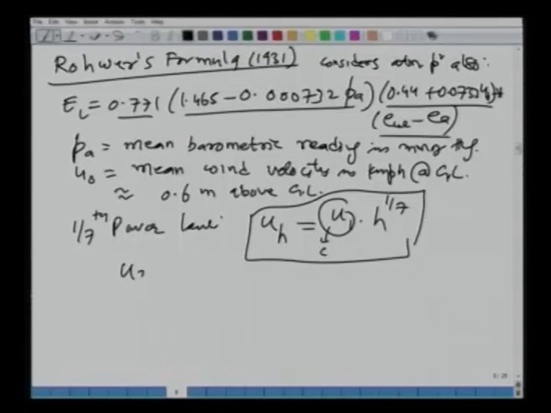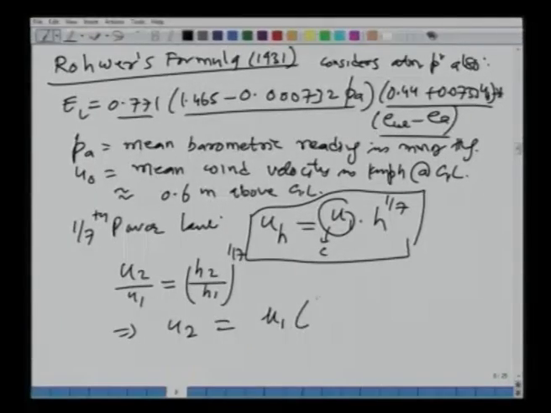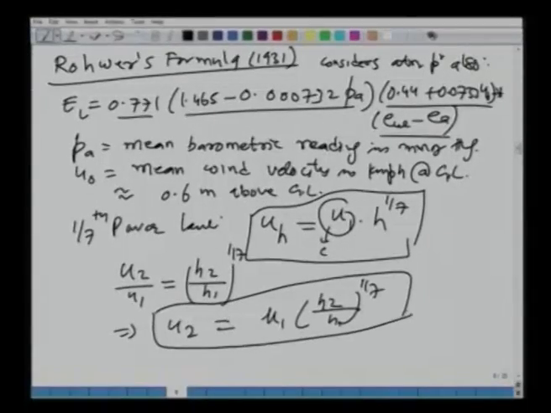For example, you have u 2 over u 1, you can apply this equation at two heights 2 and 1. So, you have u 2 over u 1 is equal to h 2 over h 1 to the power 1/7, and that will actually give you your u at 2 is equal to u at 1 times h 2 over h 1 raised to the power 1/7. So, you can use this 1/7 power law to find out the wind velocity at any desired height.